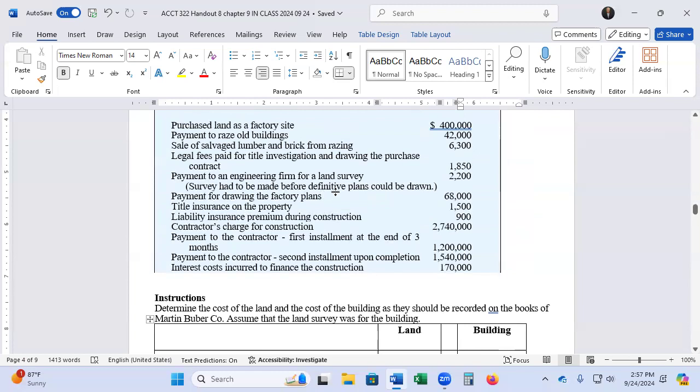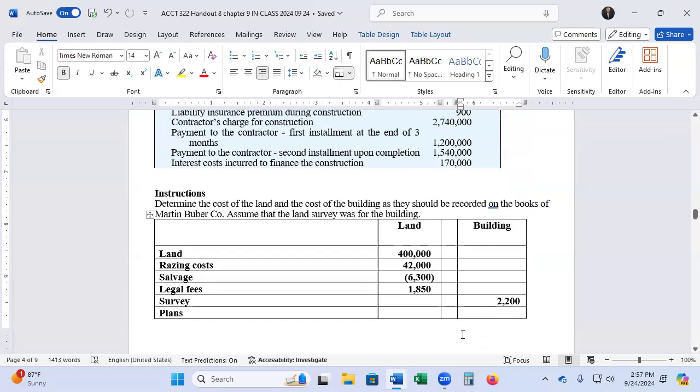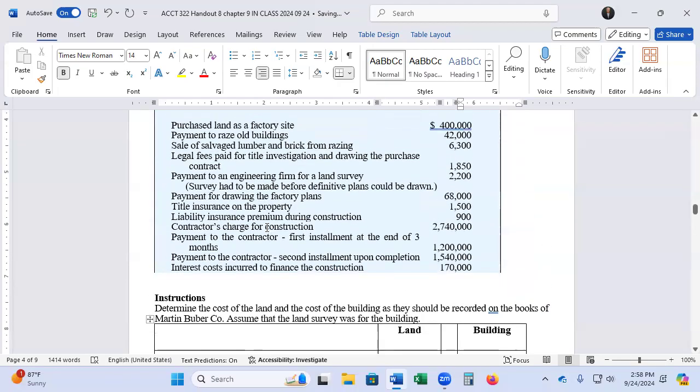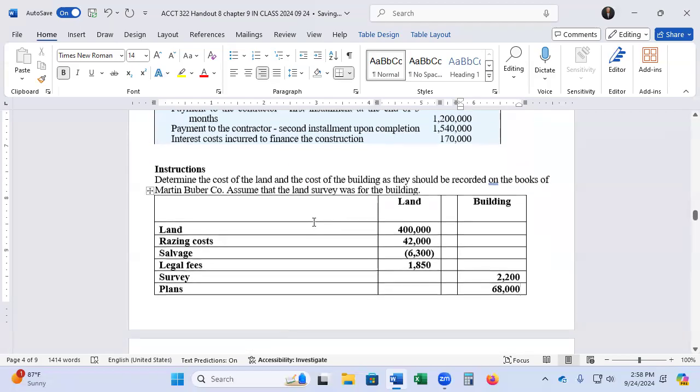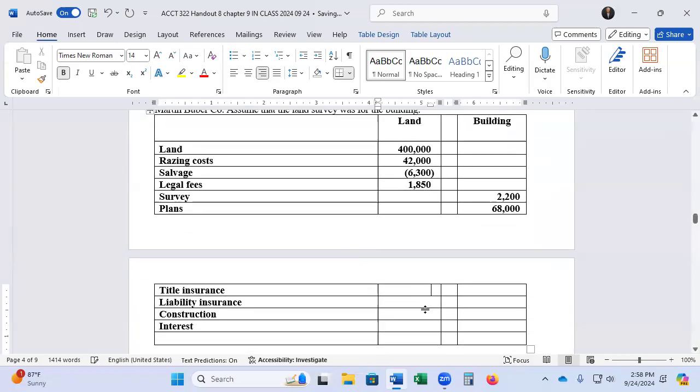Payment for drawing the factory plans, that's for the building, so 68,000. Title insurance on just the property, so that would be on land for 1,500.